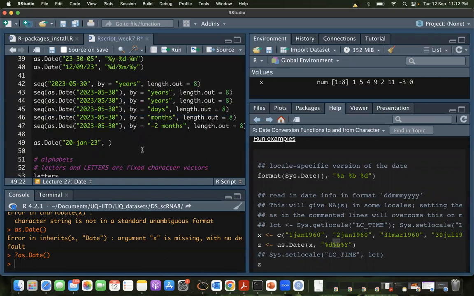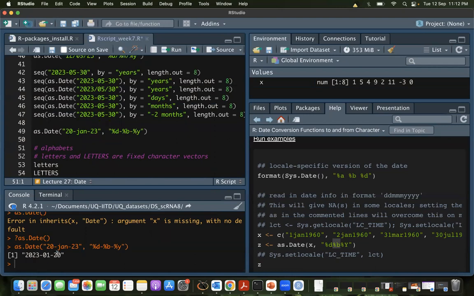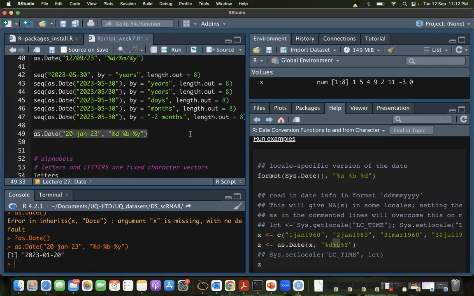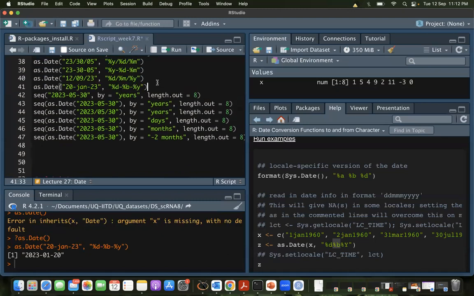So let's say percent d, and then I have hyphen, and then percent B. Not sure what the letter B here indicates. And then percent small y. Yeah, that's working, right? Yeah, thank you. Thanks for asking. Let me just put it here.